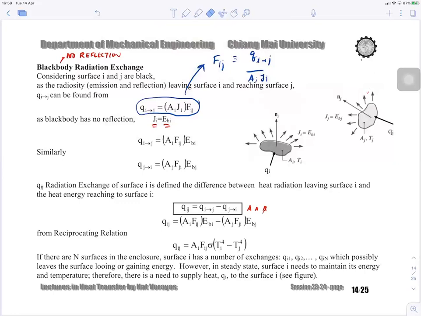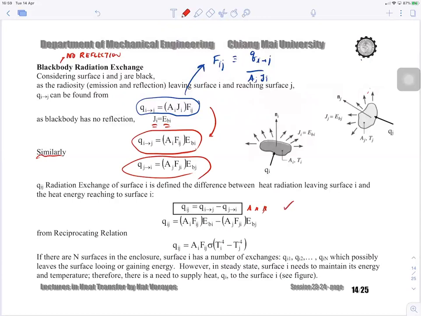Okay. So this equation can be written into this form: AiFij multiplied by EBI. I'm just switching the order of J and F. Okay. And J equal to EBI. Similarly, you can find, starting from Qj to i, we're just switching I to J and switching J to I. This is what you have. Okay.